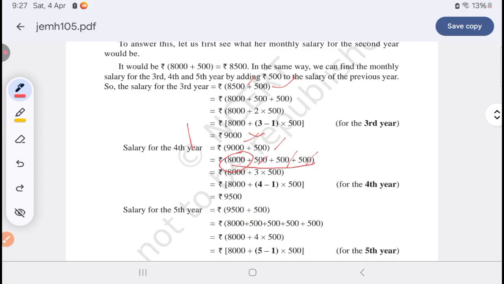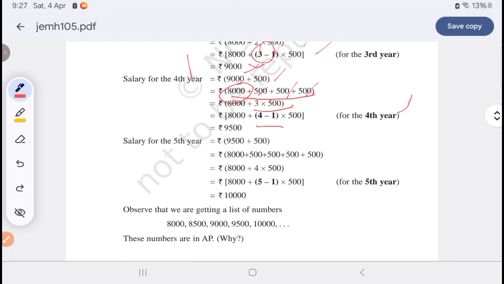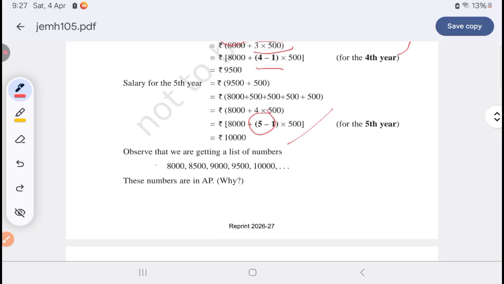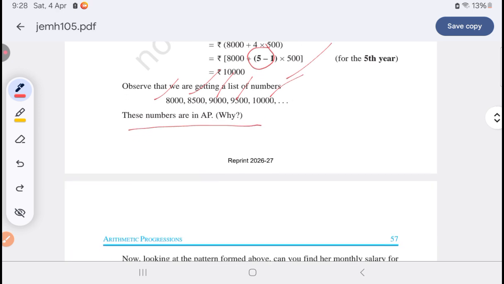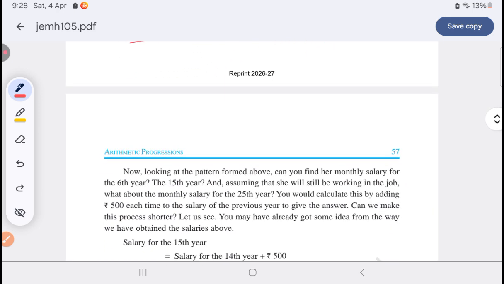So it is 3 times 500. You can write 4 minus 1 for the fourth year, 3 minus 1 for the third year, and 5 minus 1 for the fifth year. You observe that these numbers are 8,000, 8,500, 9,000, 9,500, 10,000. These numbers are in AP. Why? Because there is a common difference.